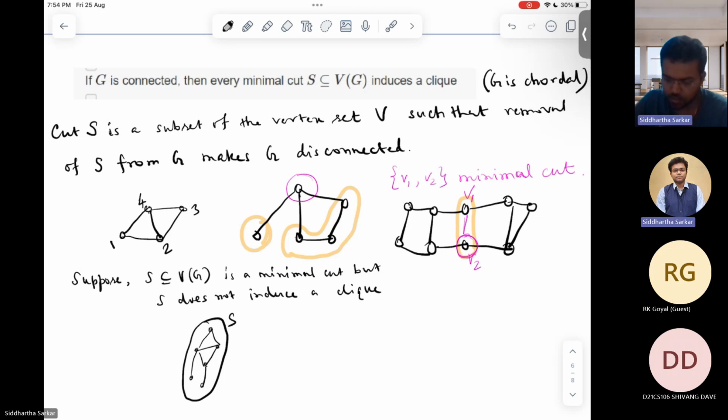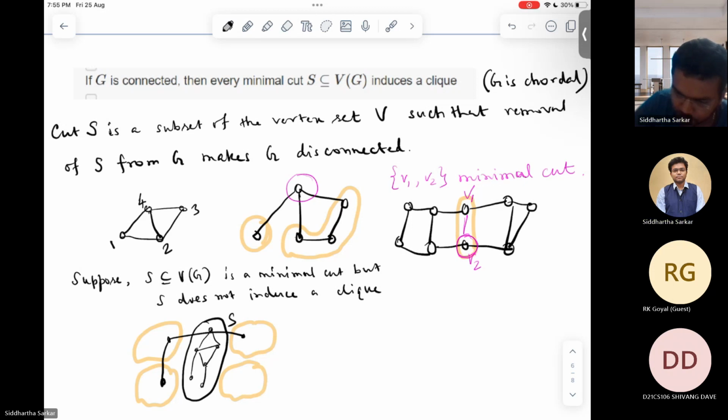But once you remove this, the graph becomes disconnected. That means components are formed. These are connected components, but between two connected components there are no edges. These edges are not there.